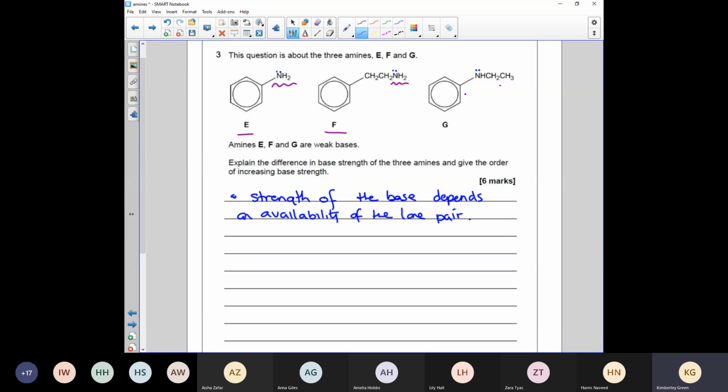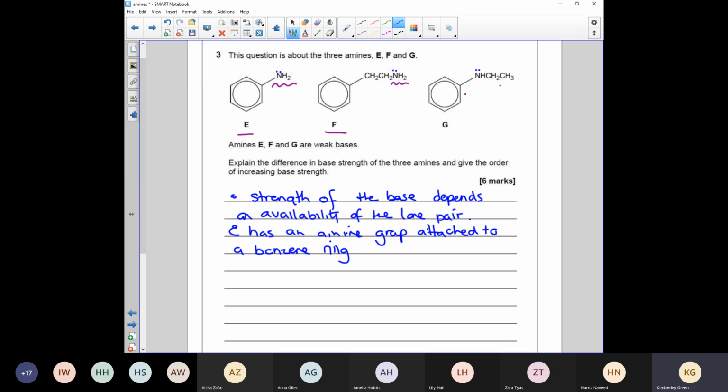I'm going to talk about the benzene one first. So E has an amine group attached to a benzene ring. Why is that important?